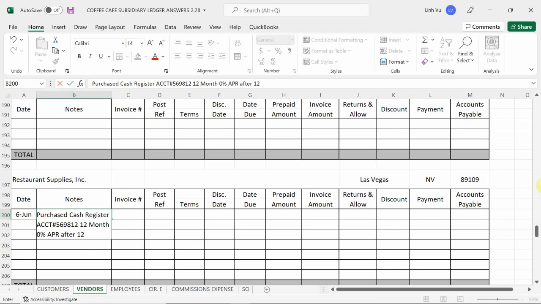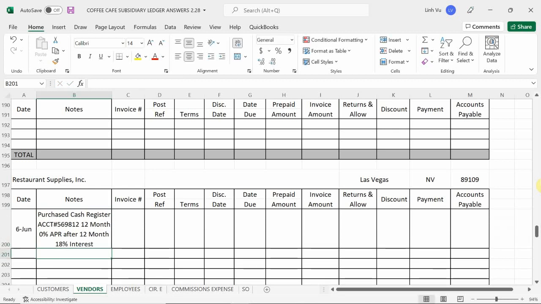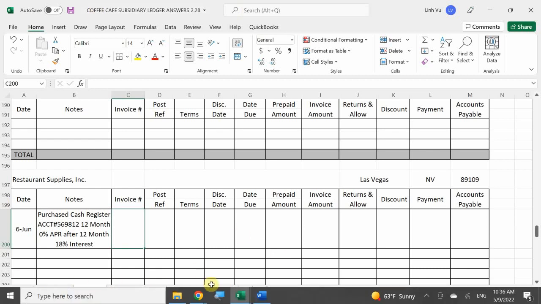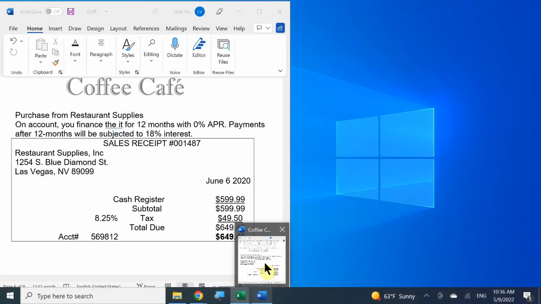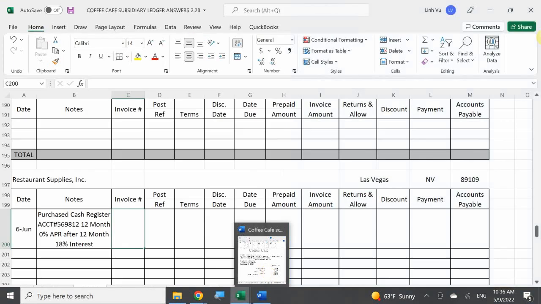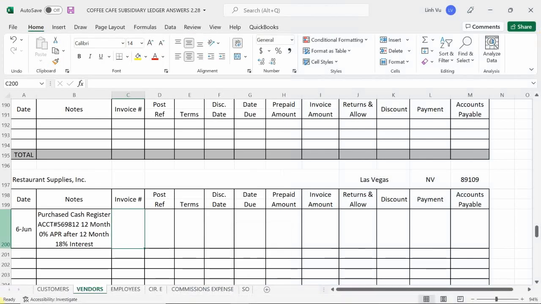After 12 months, you're going to be subject to an 18% interest. Okay. What was your invoice number, which was going to be your sales receipt number? So let's see, what's my receipt number? 001487.